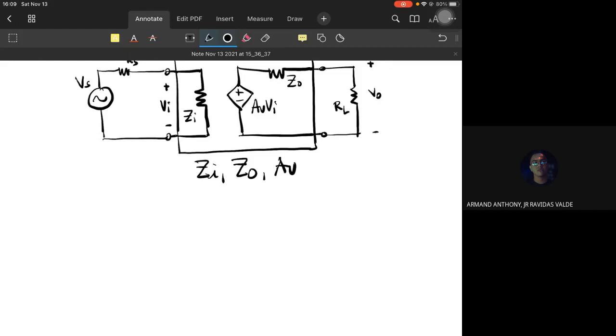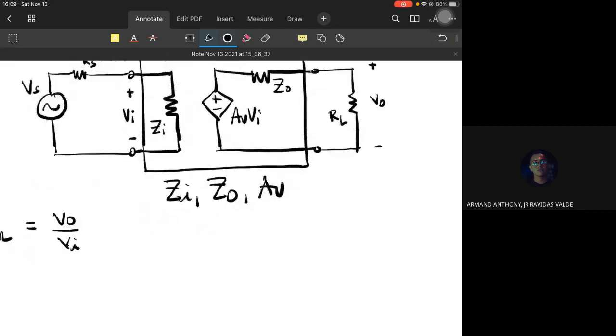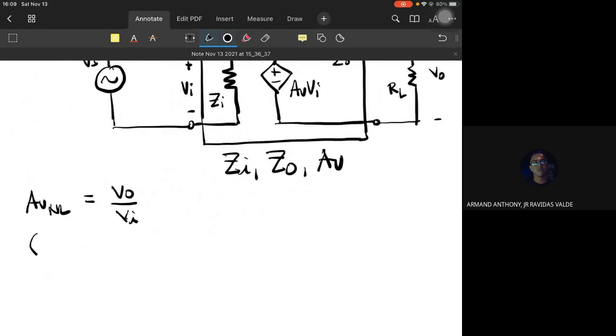So the formulas for each of the gains are these. AVNL is equal to, of course, VO over VI, this VO and this VI, but this VO is as if the load is not yet connected, so unloaded.